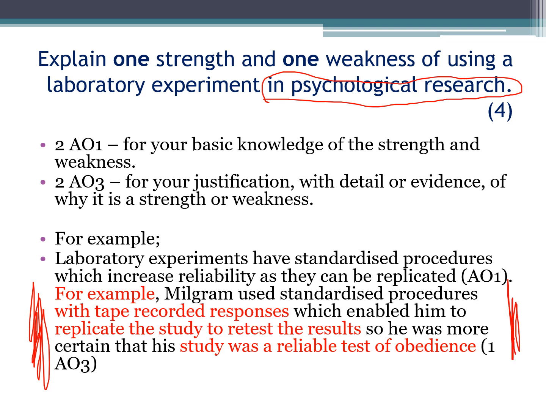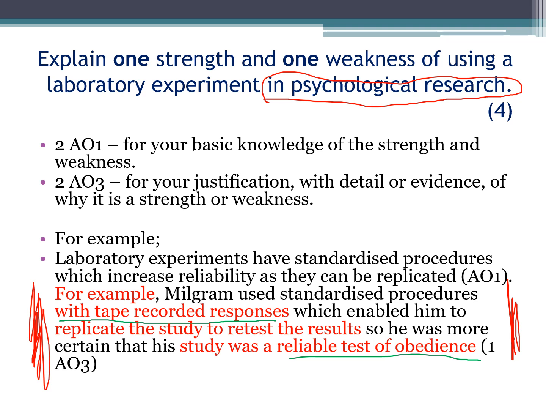So Milgram used a standardized procedure. Exactly what he did. So don't forget, you still have to be specific. So what did he standardize? And why was it reliable? Because it was a reliable test of obedience. So you've got to make that connection in the AO3, as opposed to in the AO1 like you would for a study, right?